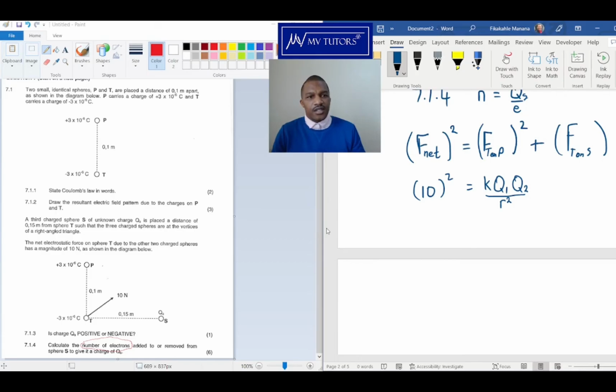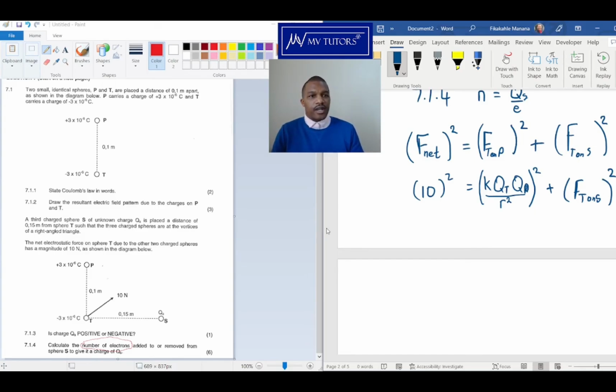In this case, it's QT and QP here, and all of this has to be squared, plus F of T on S squared. Okay, so we'll need to solve that.